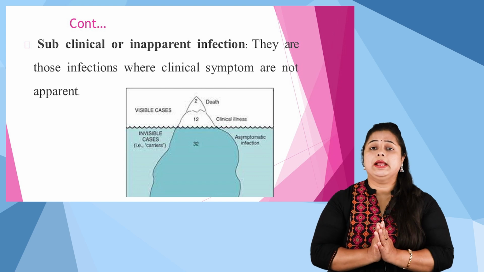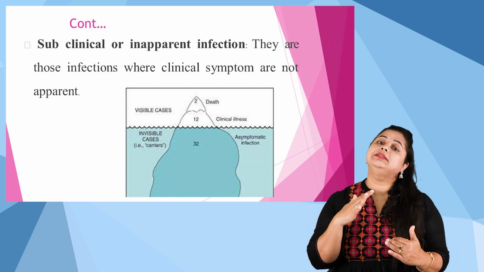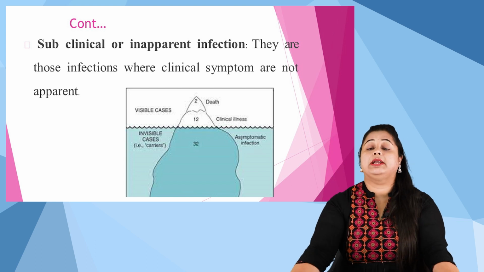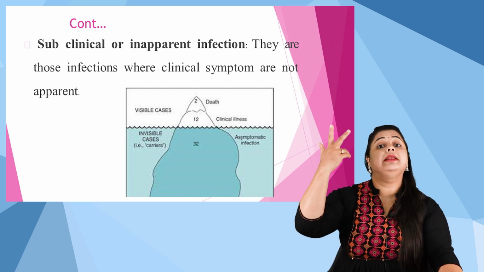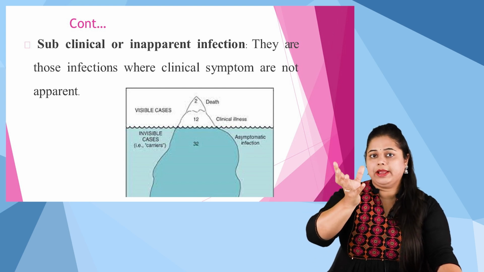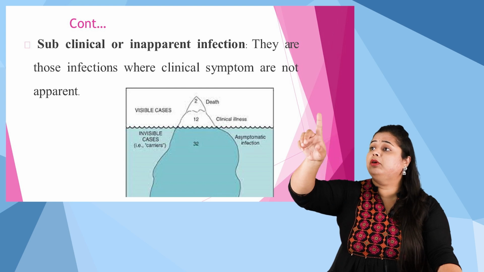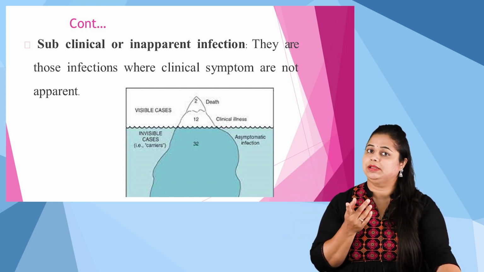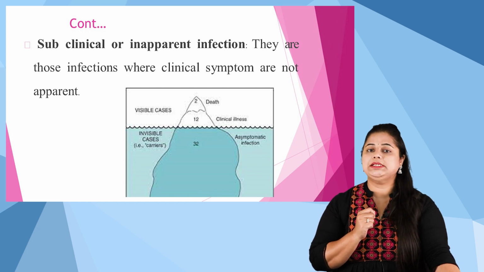So the part which is under the water, especially from the eyes, is called subclinical. That means clinically there are no symptoms, and they are not aware. The piece of ice floating is only seen outside; what is dipped inside is not visible. The same thing happens with disease.